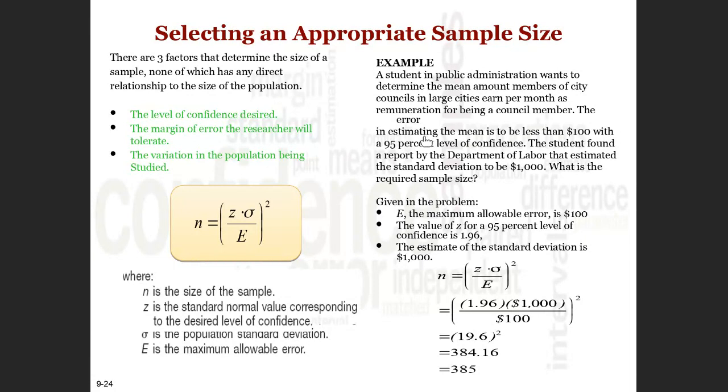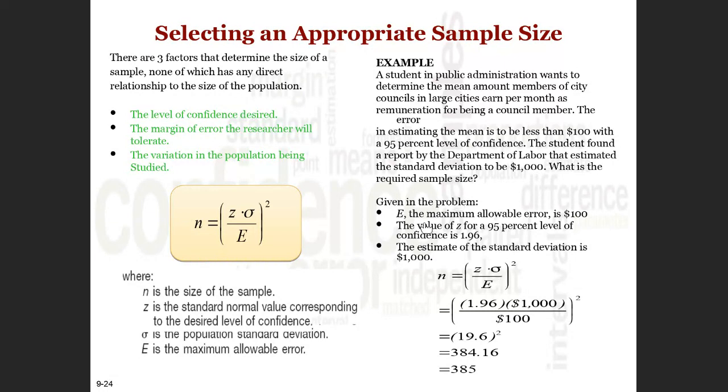The error in estimating the mean is to be less than $100 with a 95% level of confidence. The student found a report by the Department of Labor, that's American, that estimated the standard deviation to be $1,000. So what is the required sample size?